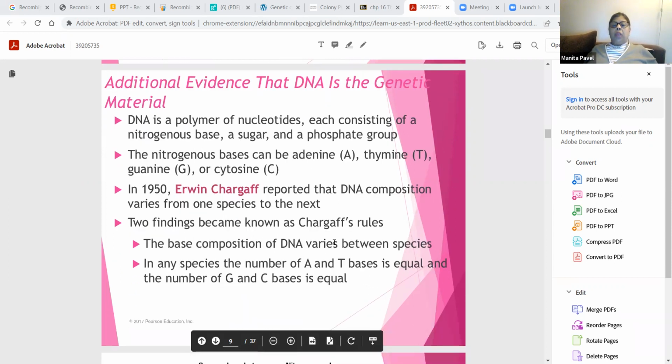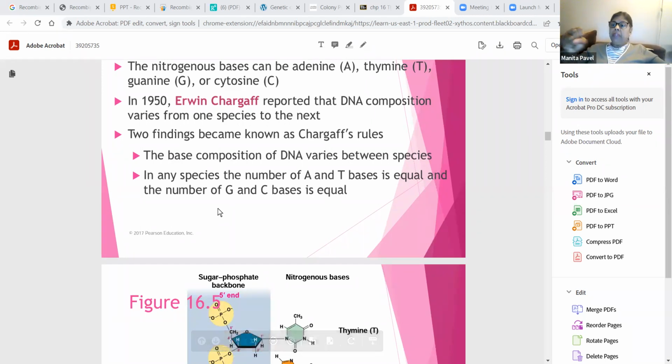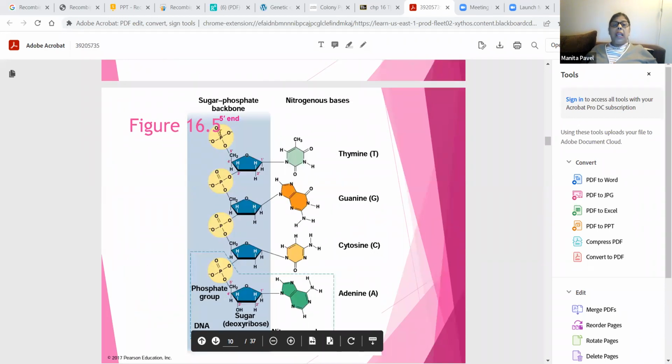And Chargaff put forth the rule that the base composition of any DNA is going to vary from species to species. But this is important to understand. In any species, the number of adenine and thymine bases is always equal to the number of cytosine and guanine bases. And so we've seen the two strands of the DNA.